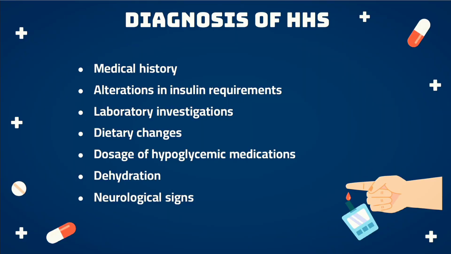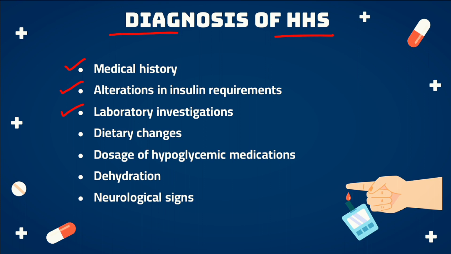So what are the methods by which we can diagnose this condition of HHS? We need to take the medical history of the person. If there is any alteration in the insulin requirement of the person, we can have some laboratory diagnosis, lab investigations can be done.